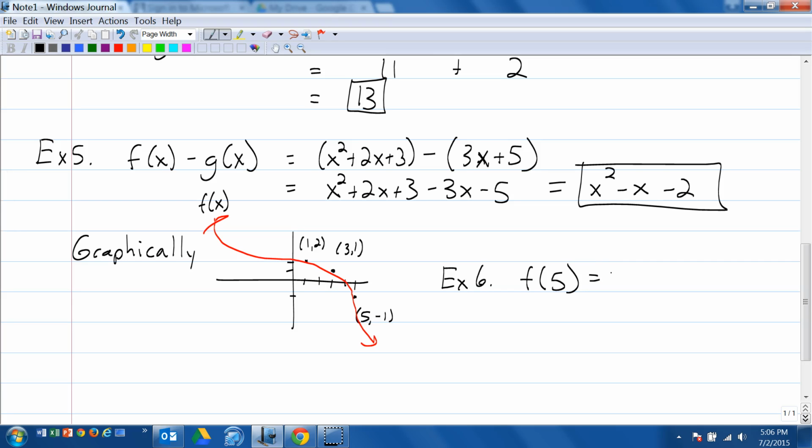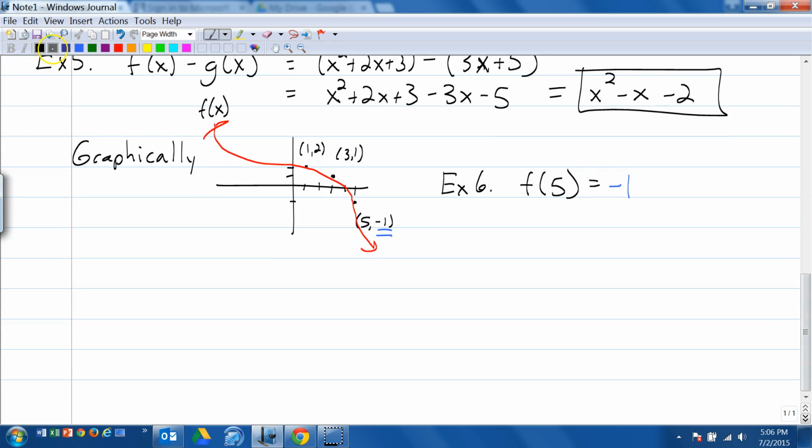Do we know what the y value is when x is 5? Because that's what they're asking us. They're asking us, what is the value of the function f when x is 5? So if we look at it, we can see that when x is 5, the value is negative 1. Okay? So that's graphically what they're telling you how to do there. Alright? It's as simple as that.